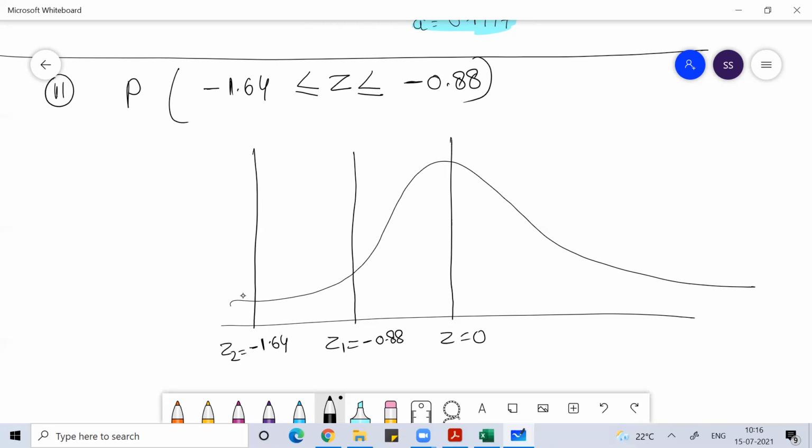So you are actually looking for this value, guys. We are looking for the z value which should be lesser than minus 0.88 and greater than minus 1.64. This is the area what you are actually looking for.